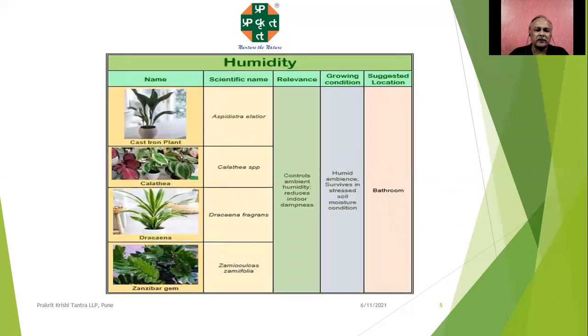Here for the humidity factor, I have taken again a few indoor plants only, and some are common that way, like Dracaena is common and Calathea is common. These are the plants which grow well in high humid condition.